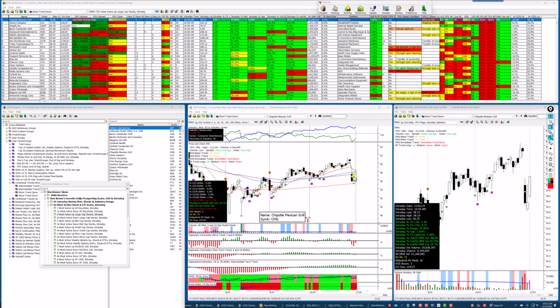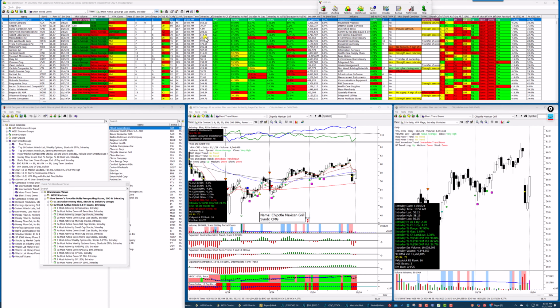It sold off and money is flowing back into it today. I'm showing you the different groups here that are created automatically every day with the most active, because this is an opportunity on a day like this, or any day for that matter, where you could possibly find some trades that would work out for you that have pulled back.